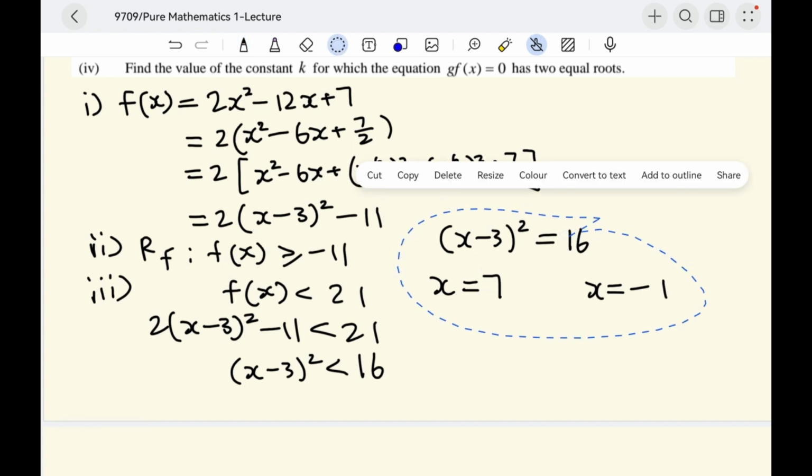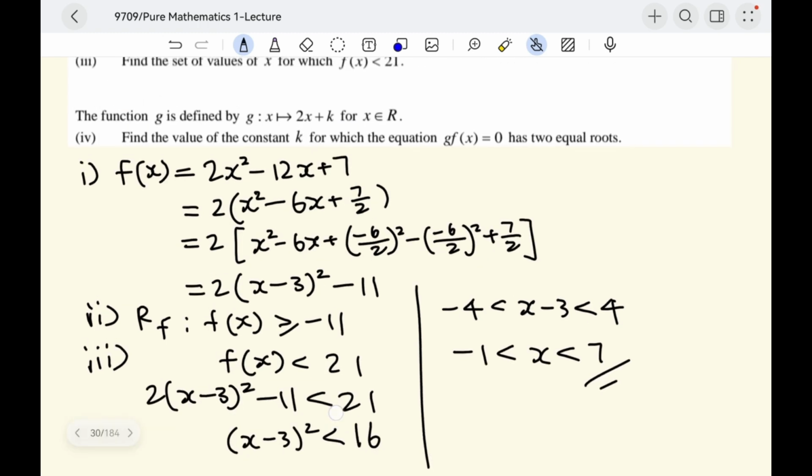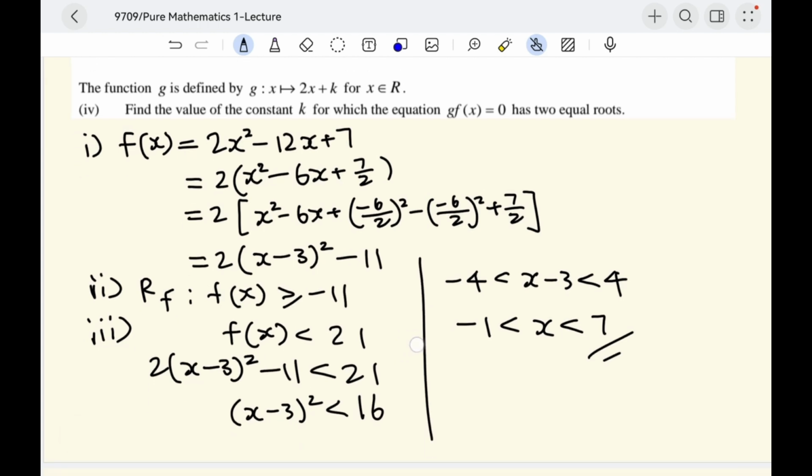Instead, I may perform it this way. So I have -4 less than x minus 3 less than 4. Add 3 to all sides, so we get -1 less than x less than 7. So this is the set of values of x for which f(x) is less than 21.